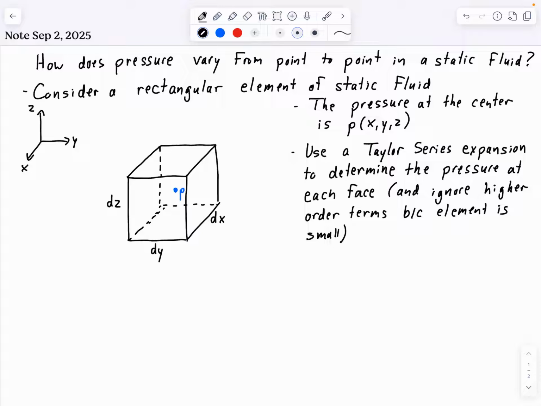So we'll start off with the right face. We want to know what the pressure on the right face is, pushing on this cube.